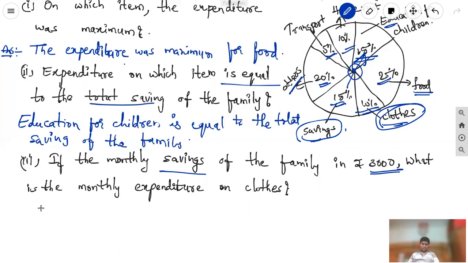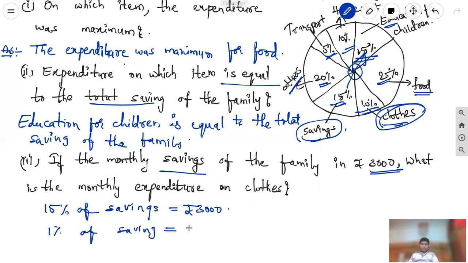The 15 percentage of savings is equal to 3,000 rupees. For 1 percentage of saving, it is equal to 3,000 rupees by 15. 15 ones are 15, 15 twos are 30, 200. 200 rupees for 1 percentage.